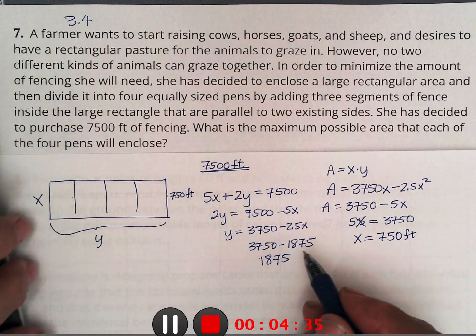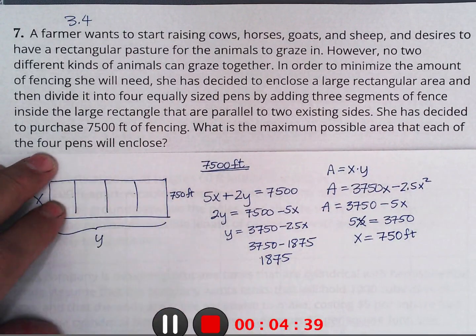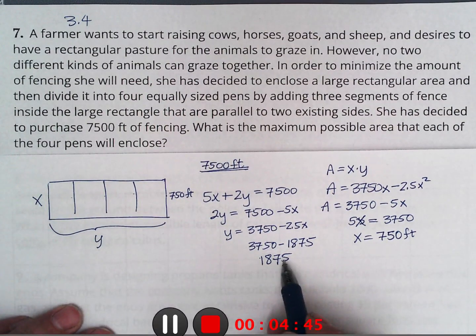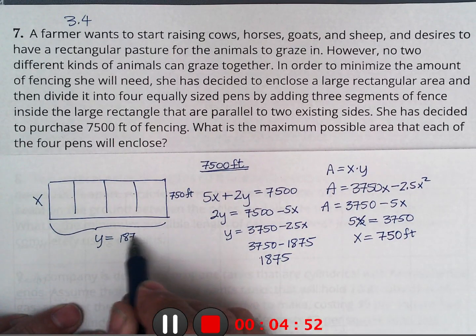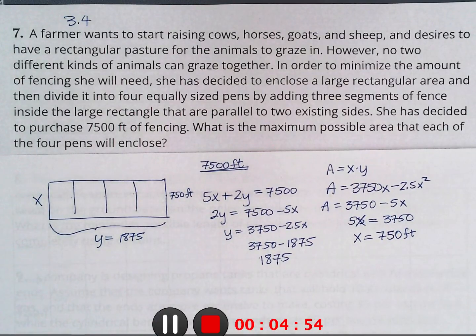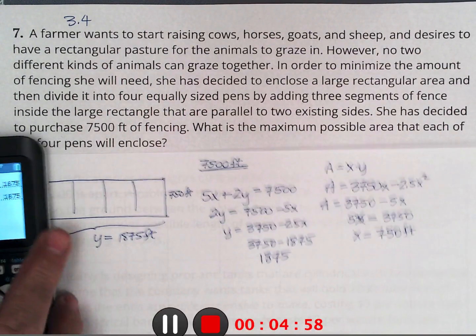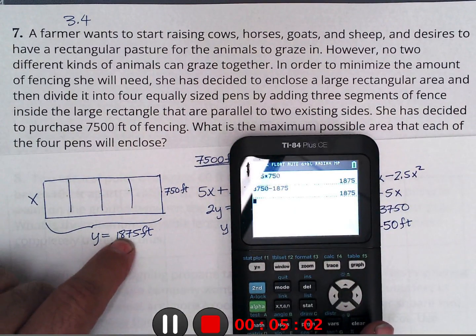What's the maximum possible area that each of the 4 pens will enclose? If each one's equal in size, and this whole length is 1875 feet, the total area will be, I could divide this by 4 and take it times 750, or I can multiply these and divide the answer by 750.